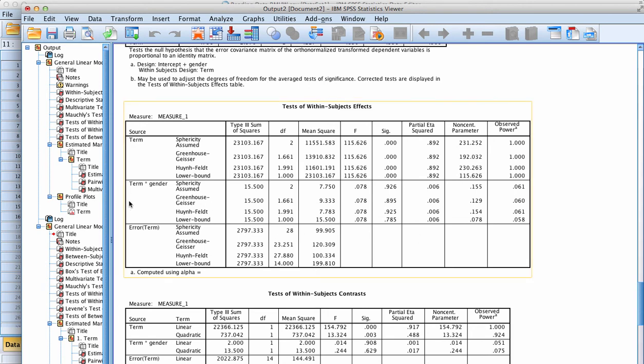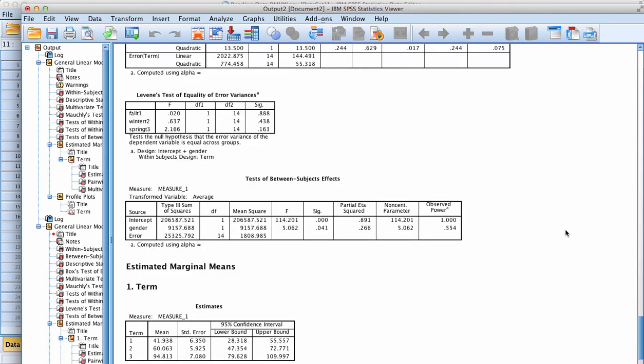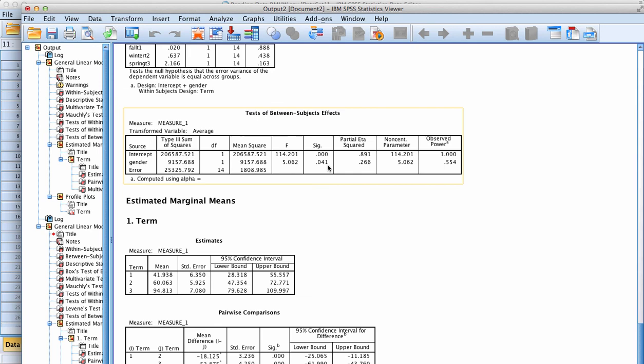But we also see that we have a term by gender interaction effect. Now this is not significant, and what this is really telling us is that gender does not differ at one of the terms but not another term. And then the next important piece of this output is to look at this gender factor. So this test of between subjects tells us if gender is significant, and in this case it is.